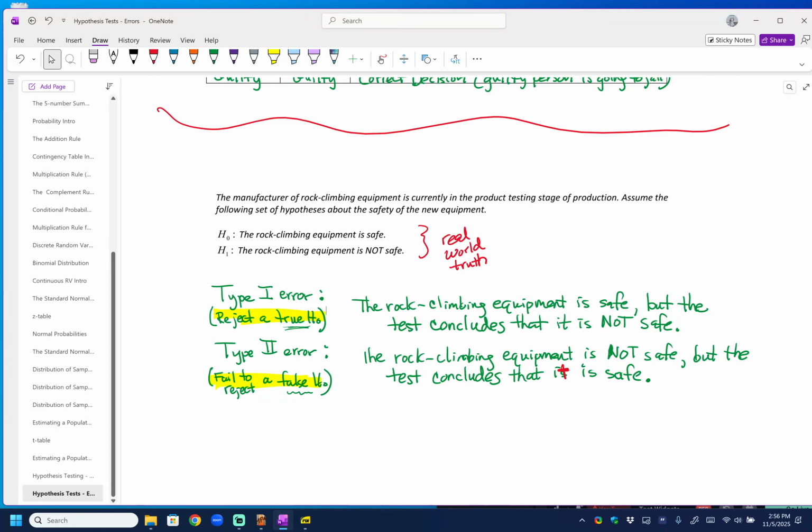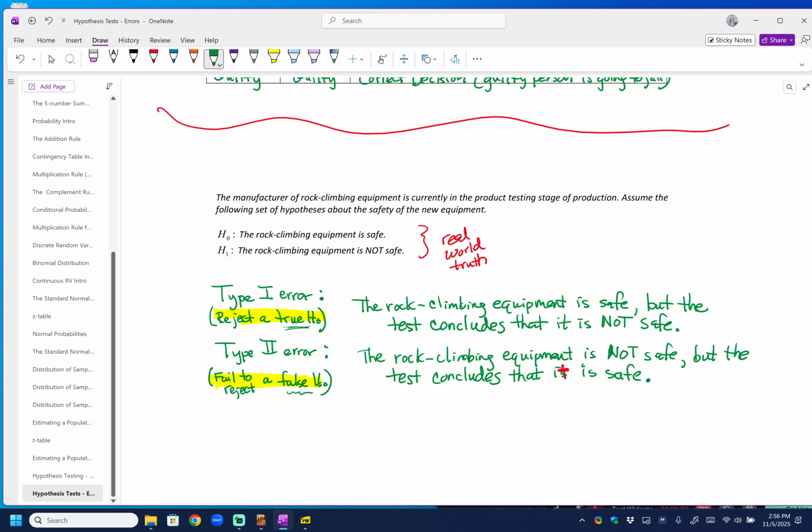But before we go and decide that that's terrible and needs to be a lower probability, let's look at the other scenario. So the other scenario says that the rock climbing equipment is not safe in the real world. So something's broken in there, but the test concludes that it is. Okay, this doesn't look good, folks. So if the test concludes that it's safe, that means it's going to be sold.